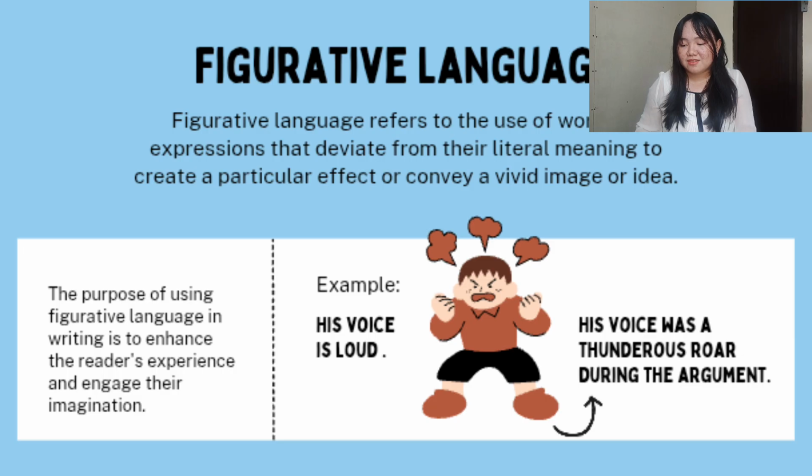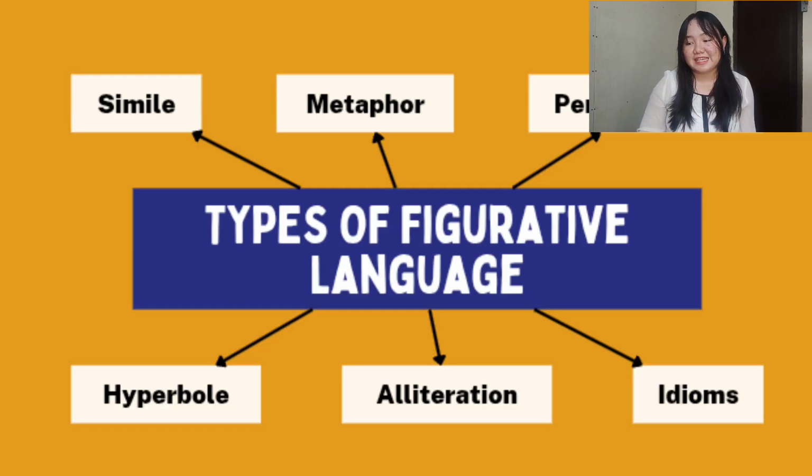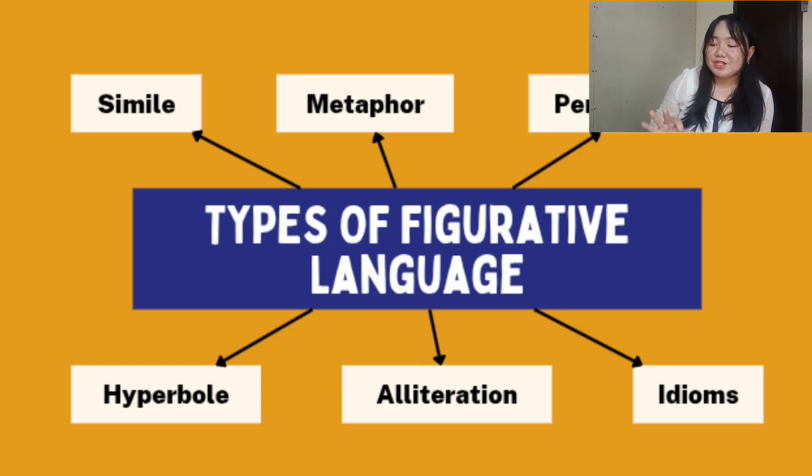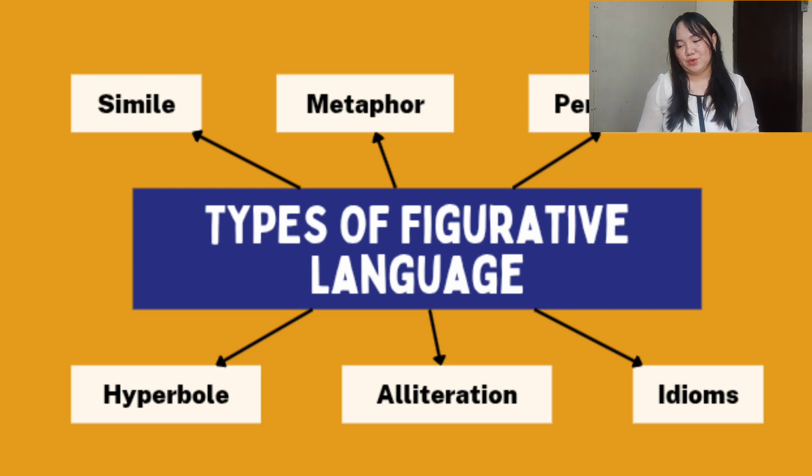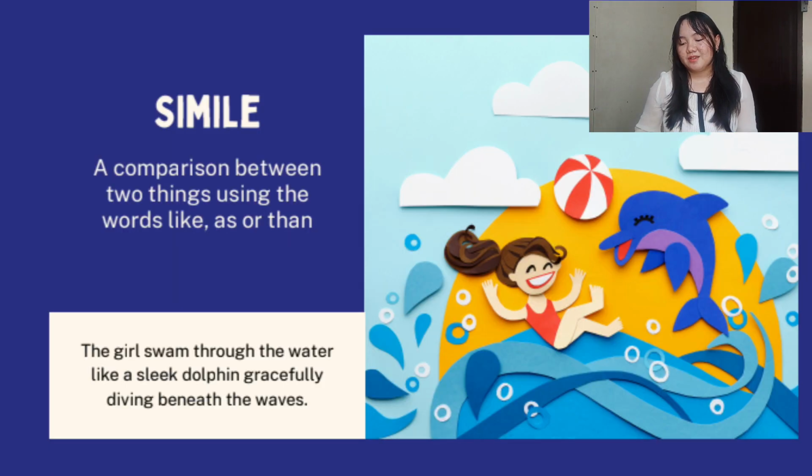Next, we have here the 6 types of figurative language. We have simile, metaphor, personification, hyperbole, alliteration, and idioms. Simile is a comparison between 2 things using the words like, as, or than.